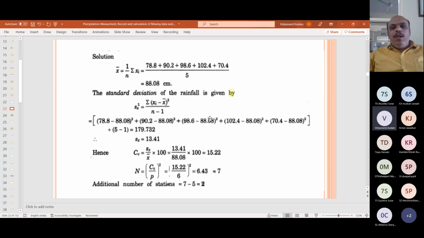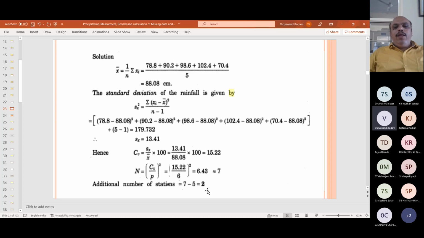This is the last point from the previous lecture. We worked out the value of N as 7, and we know that the number of existing rain gauge stations, indicated by small n, is 5. So the additional number of rain gauge stations is 2.